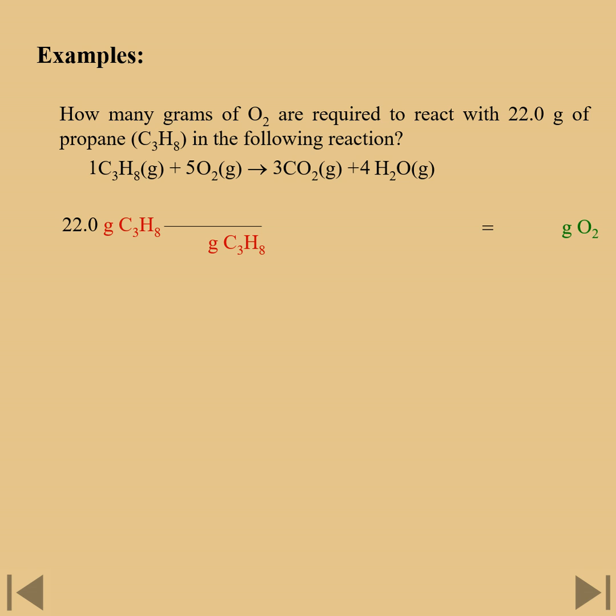Okay, and here comes the big question. Can you go straight from grams of propane to grams of oxygen? No. We're going from one chemical to another, and there's only one way we can do that, and that's through moles. So first into moles of propane, then from moles of propane into moles of the O2, moles of the guy that you're after.